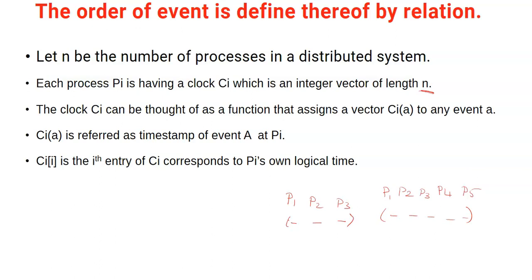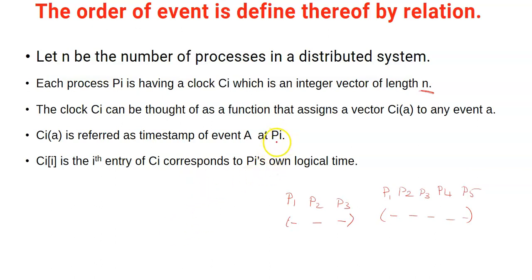The clock Ci can be thought of as a function that assigns a vector Ci to any event A. The clock of A is referred to as the timestamp of event A at process Pi.